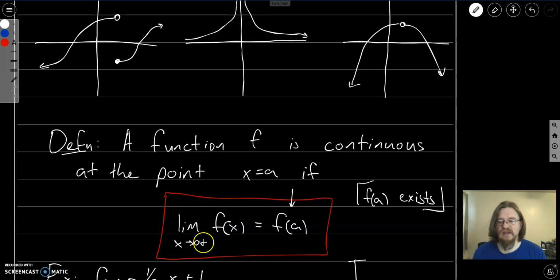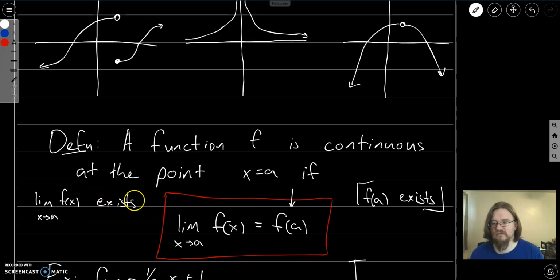The other part is that here I have the limit as x approaches a, not from the left or from the right, but from both directions. So over here, what we also need is that the limit as x approaches a also has to exist. So hidden in here are a couple of assumptions.